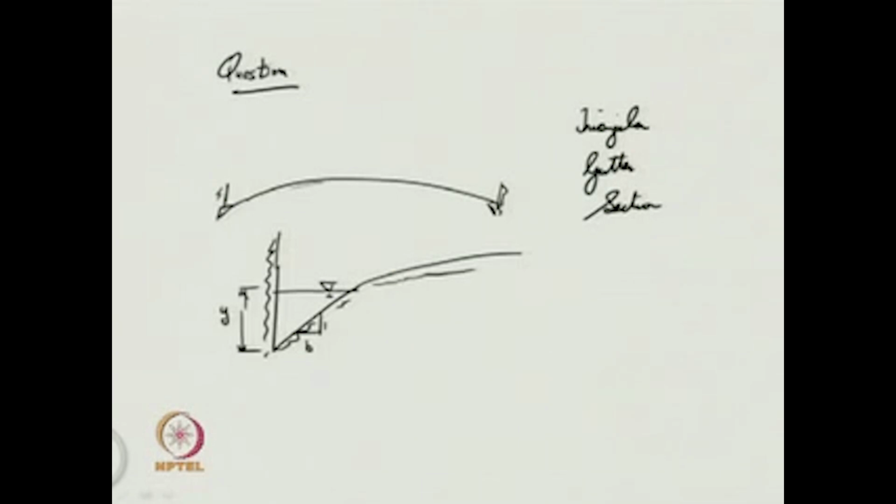If this is provided to you, how will you evaluate the discharge Q in the triangular section? So, you use uniform flow approximations. You should be aware of the geometry of the triangular section, then you try to compute it.